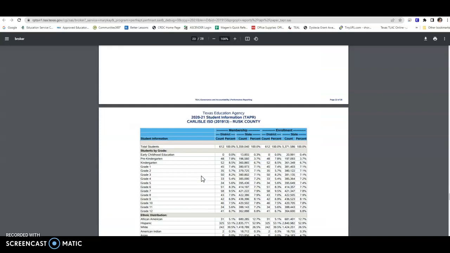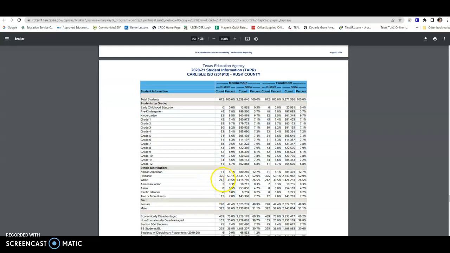The next section is our student information. This is important for ADA calculations and also for personnel positions. How do we rank or compare against the state? Are there certain grade levels that have higher enrollment than others?